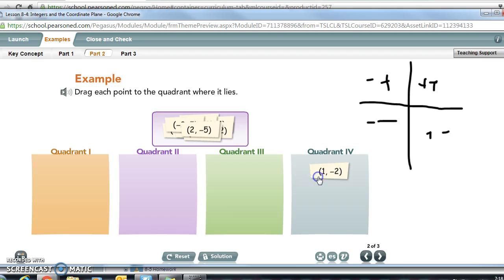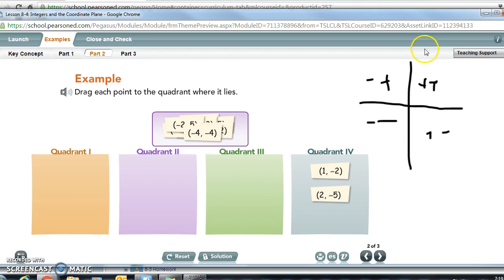For this one, I have (2, -5). So if you want, go ahead and press pause and drag it to which quadrant you think it needs to go, or write it down. A positive and then a negative goes to quadrant 4.